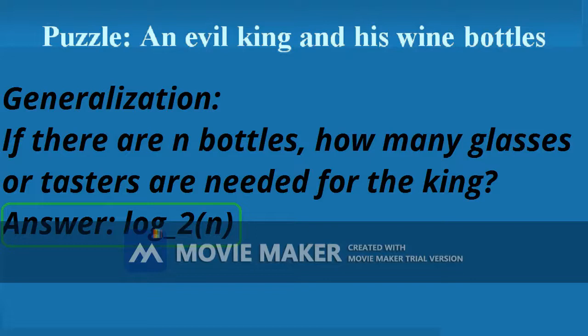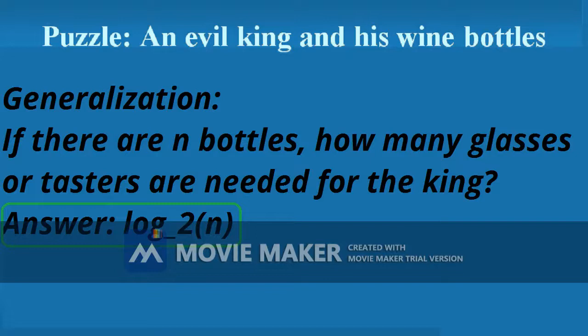Well, we have discussed the examples where the number of bottles is 8, and also where the number of bottles is 16. In the case of 8 bottles, we require 3 testers. In the case of 16 bottles, we require 4 testers.